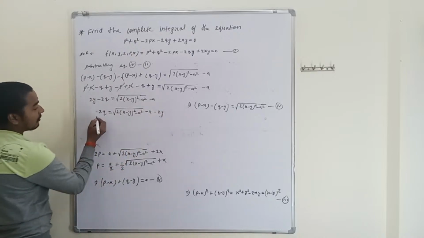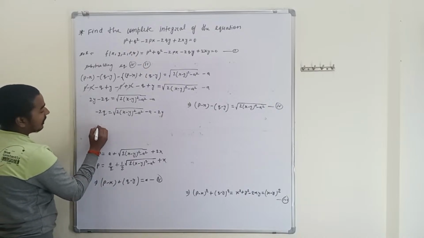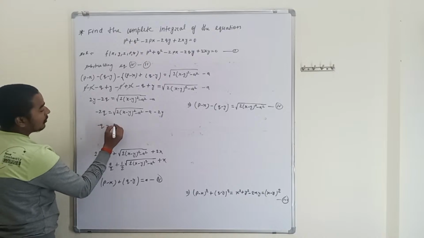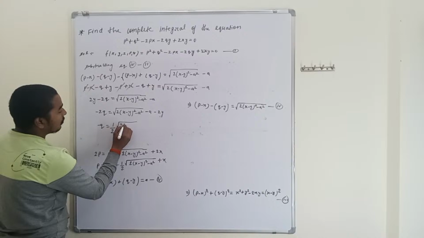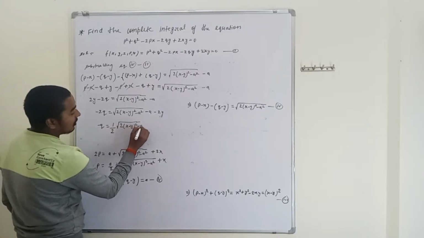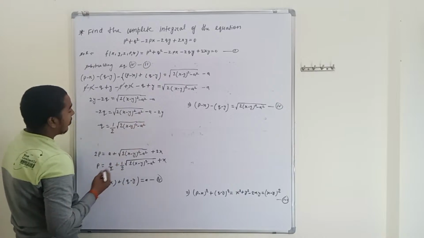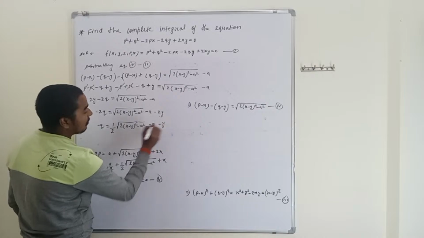Further from here, q is equal to minus of q is equal to 1 by 2 times of under root 2x minus y whole square minus of a square, and from here is minus of a by 2 and minus of y.